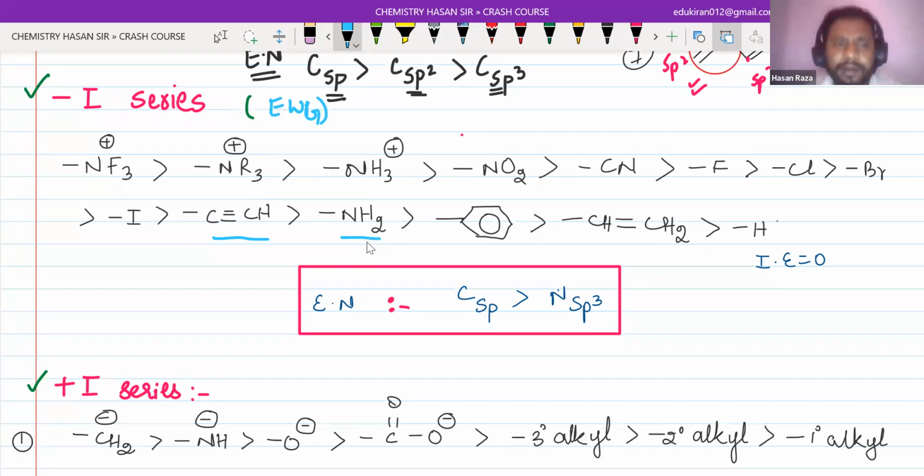Basically, the carbon having sp hybridization will be more electronegative than the nitrogen which is sp3 hybridized. Then comes benzene, then alkene, and after that hydrogen. For hydrogen, we consider the inductive effect as 0. I recommend you write these down, they are very important.